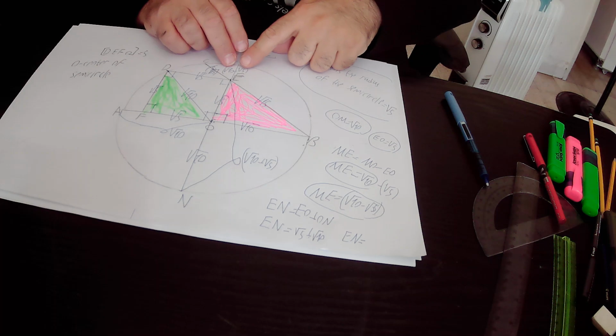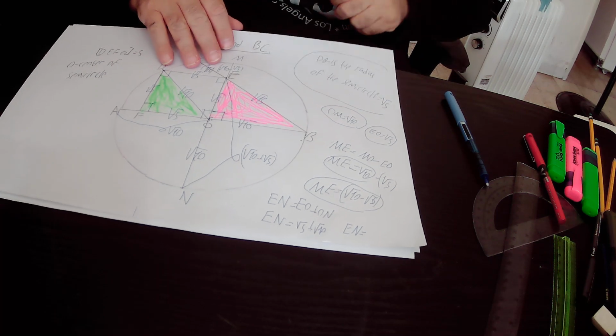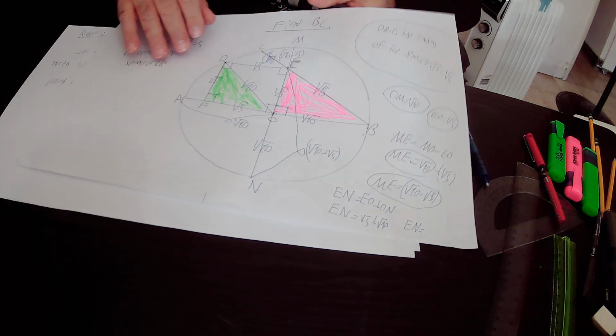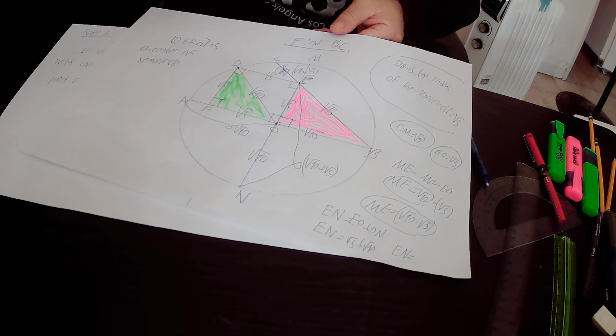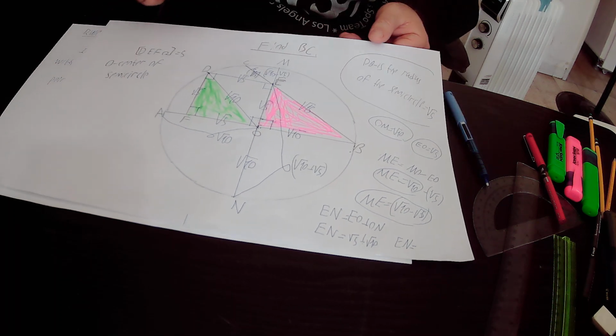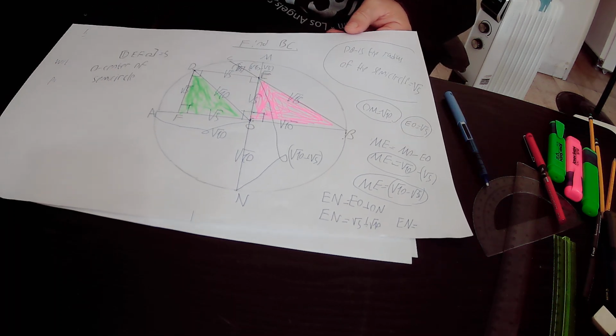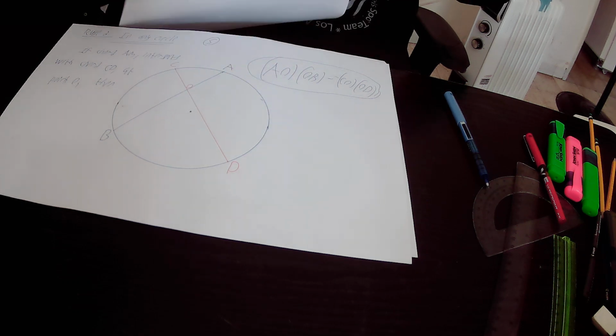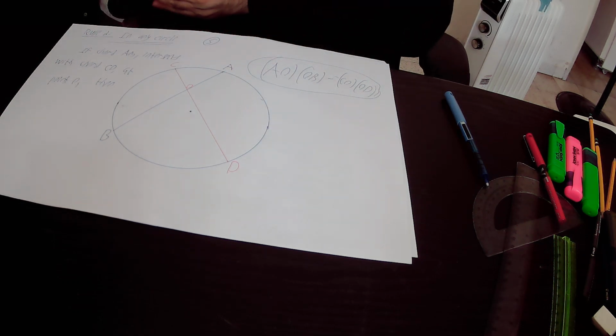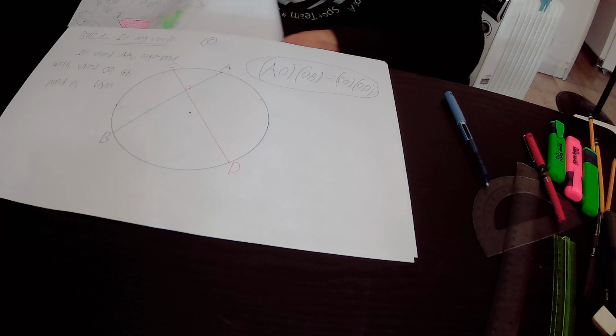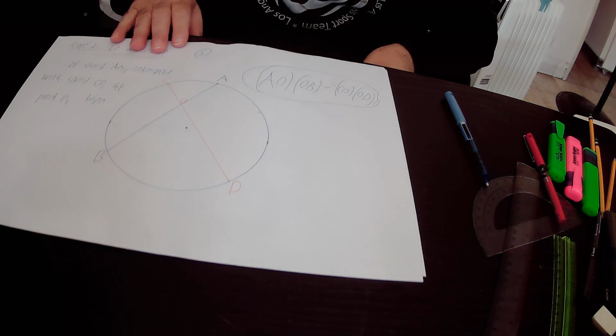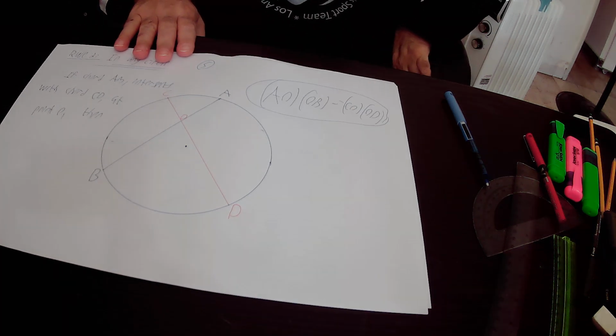And we have already found out that EB equals the square root of 15. In the next step, I presented to you rule number 2, and we implemented rule number 2 in our drawing. Rule number 2 is true in any circle.